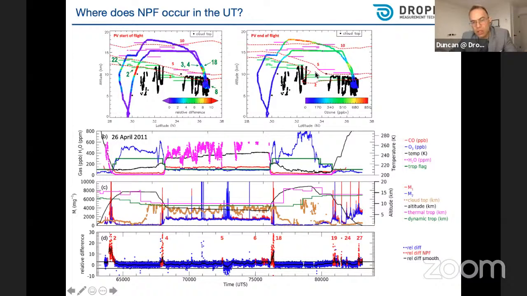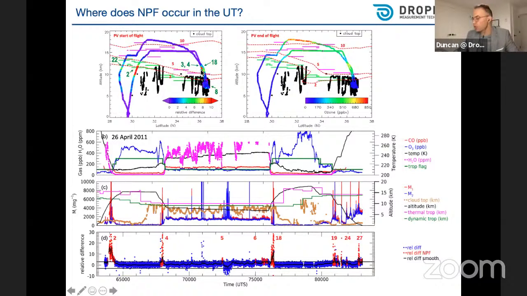So this is the stratospheric air pushing into the tropospheric air. So there's mixing here of the ozone from the stratosphere into the troposphere, and this is also associated with regions of high relative difference, meaning that particle formation is occurring at these locations.